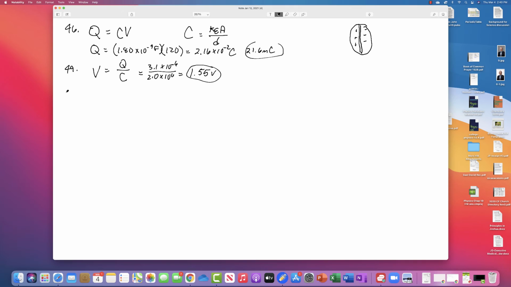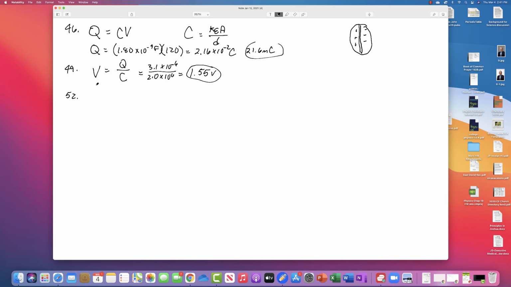Okay, number 52. What is the capacitance of a large Van de Graaff generator terminal, given that it stores 8 millicoulombs of charge at a voltage of 12 megavolts? So the question is what is the capacitance?